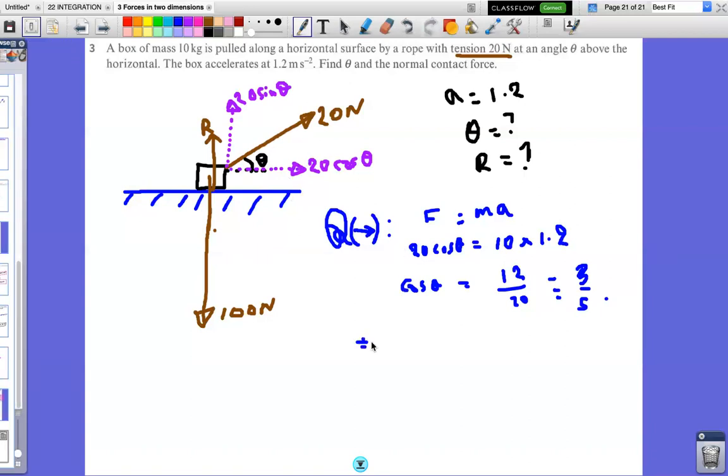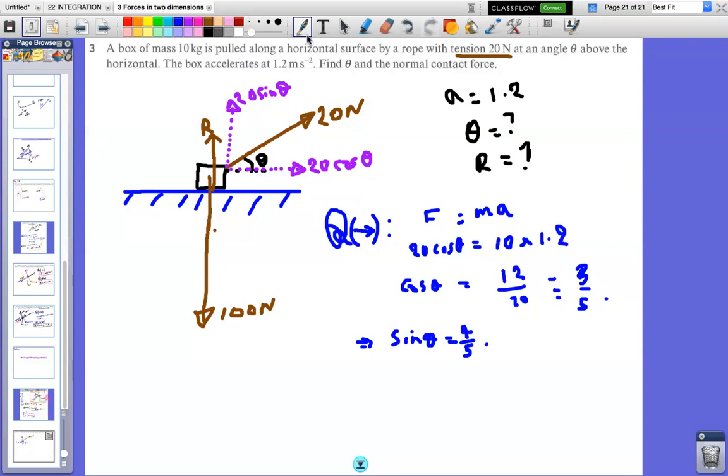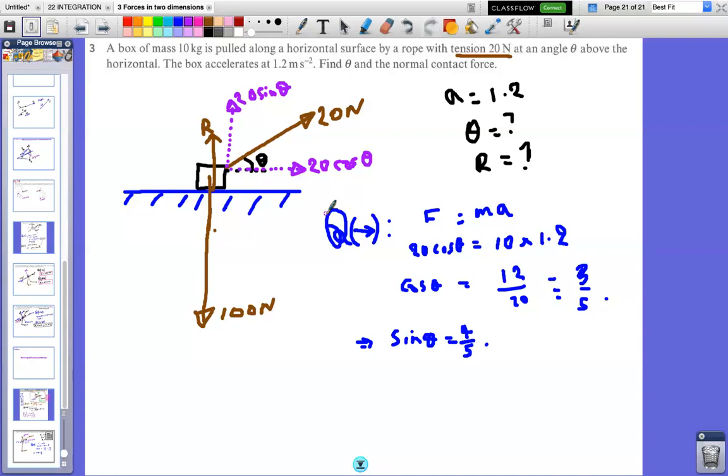So that means that sine theta will be 4 over 5. Sine theta is 4 over 5.